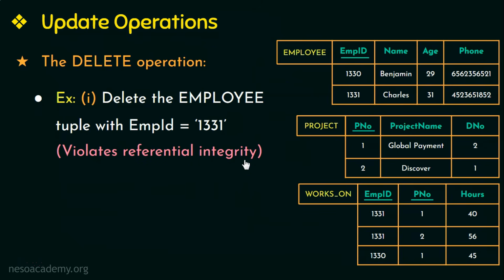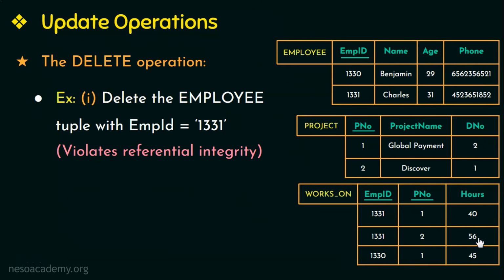Now, if the delete operation violates this constraint, there are different actions that can be taken. The first option is to reject the deletion. The second option is to propagate or cascade the deletion. That is, when this tuple has to be deleted, we also delete the tuples that refer to this tuple. That is, these two tuples.